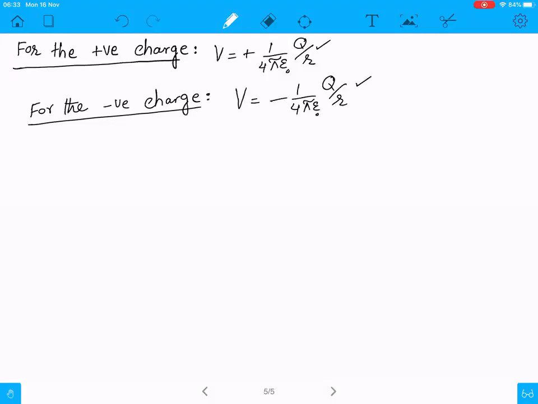And these are the formulae for electric potential.